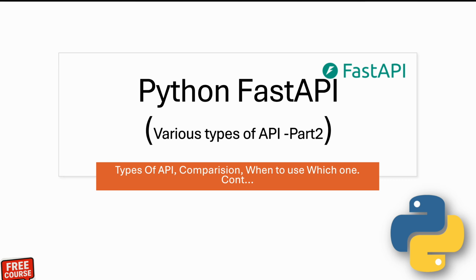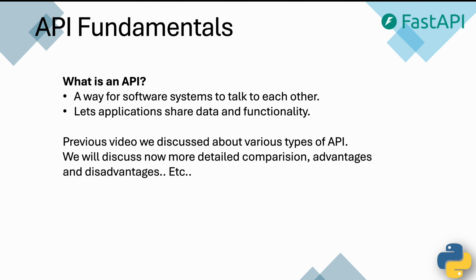Okay, let's get started. So this video is part 2, and part 1, which we discussed in the previous video, was at a very basic level. This one is about types of API and comparison, and when to use which one, you will learn in this video. API fundamentals.